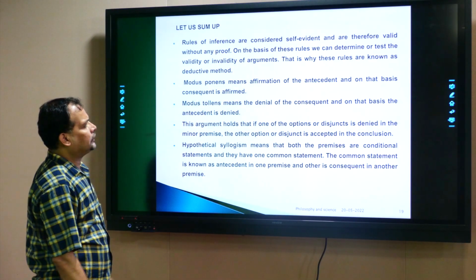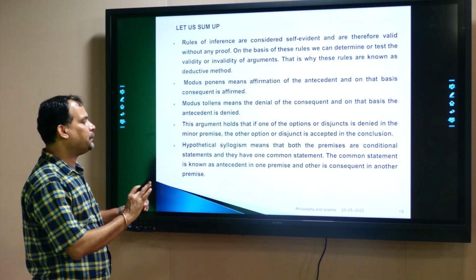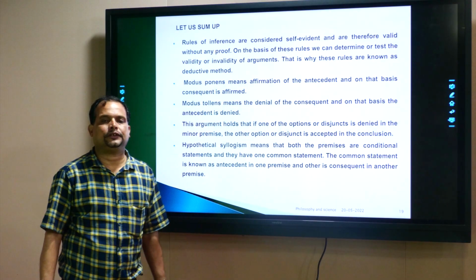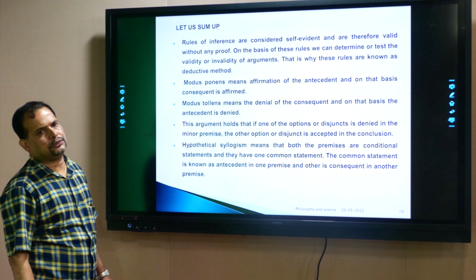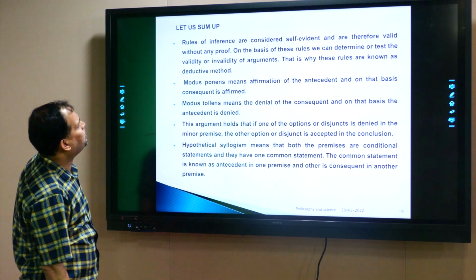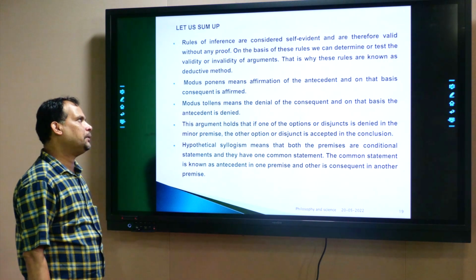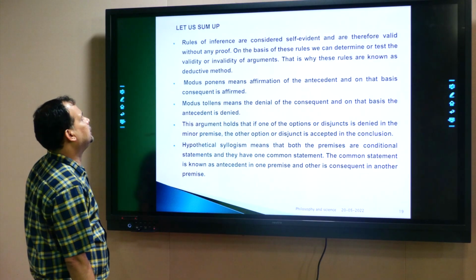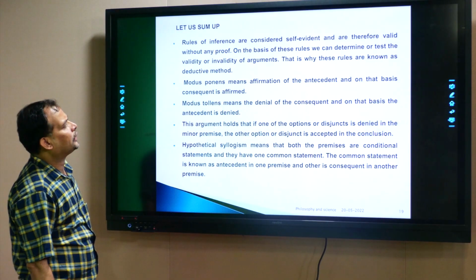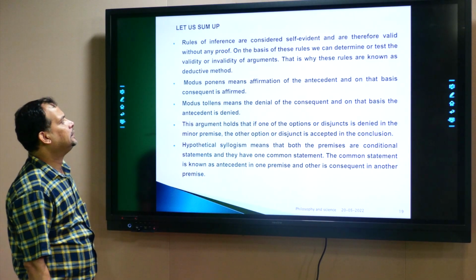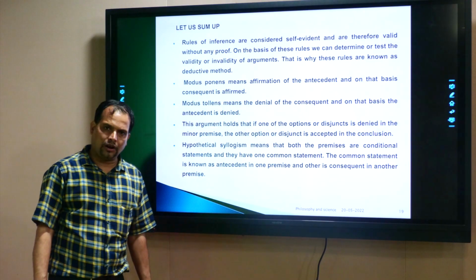Dear learners, now you see what the basic points are in this unit on rules of inference. On the blackboard, rules of inference are considered self-evident and are therefore valid without any proof. On the basis of these rules, we can determine or test the validity or invalidity of arguments.